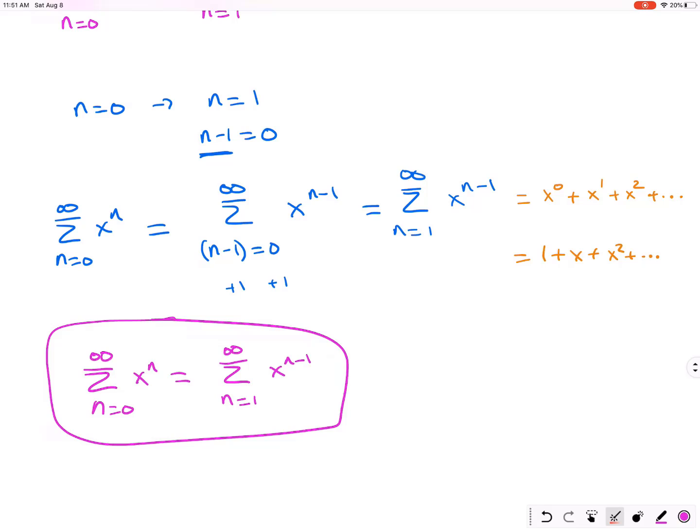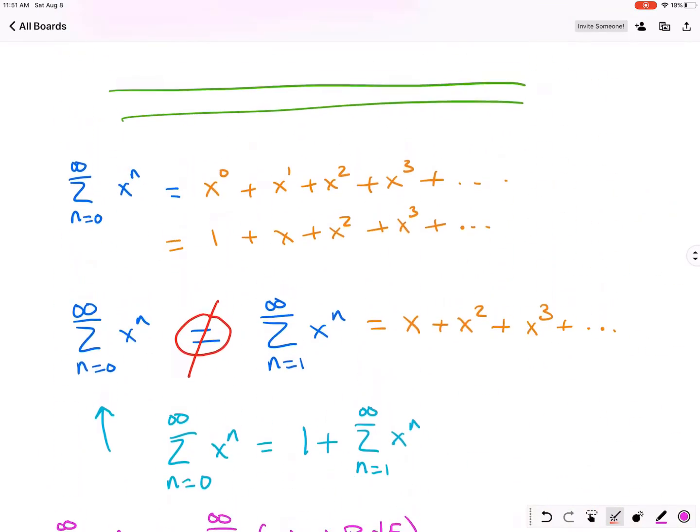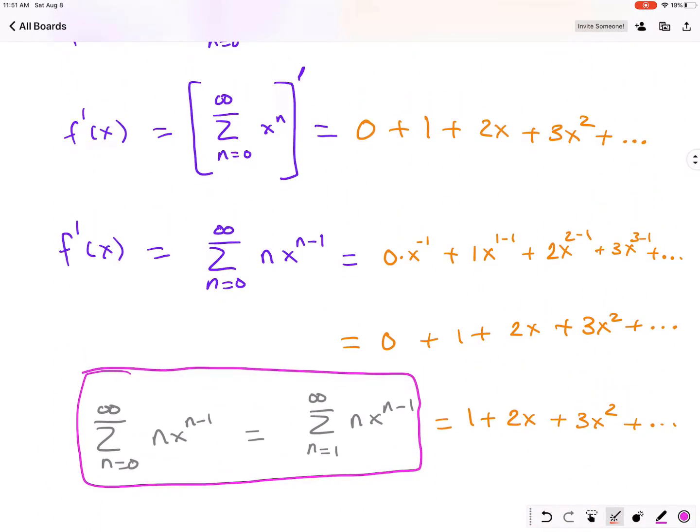And when I shift the indice from n is equal to 0 to n is equal to 1, I have to change the rule to preserve equality. And that is the case sometimes when we're dealing with summations. But remember, that is much, much different than before in the first example, when I shifted the indice only so that I wasn't adding a 0.